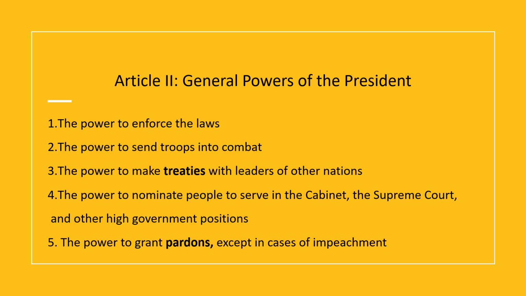President Woodrow Wilson negotiated a treaty with other countries to form the League of Nations. And when the League of Nations was presented to the Senate for its ratification, this treaty, the Treaty of Versailles, was rejected by the Senate.